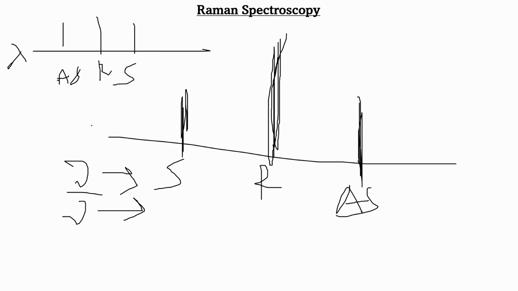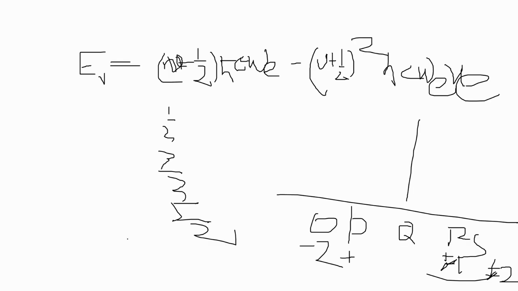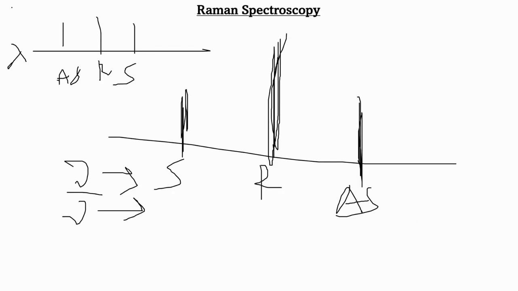In the case of Raman rotational spectra, we found that for the original rotational vibrational spectra the separation between two spectral lines was 2b, but in Raman spectra the separation between the spectral lines in a series is 4b.